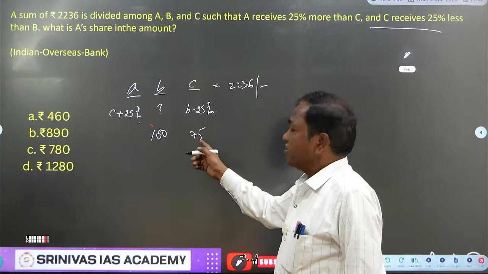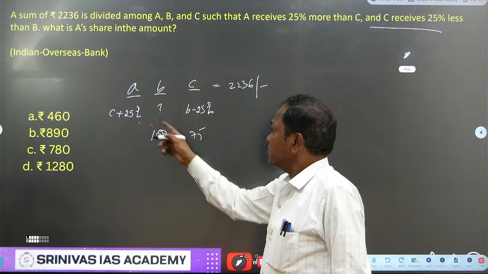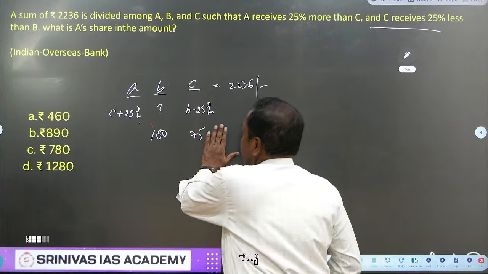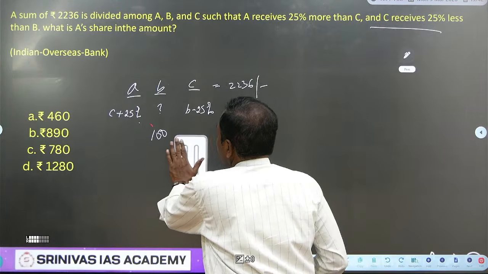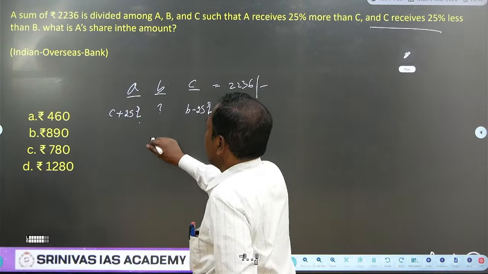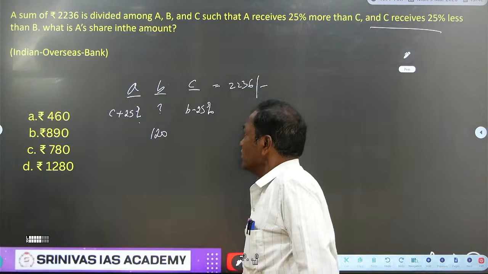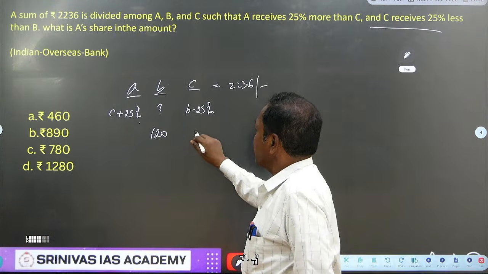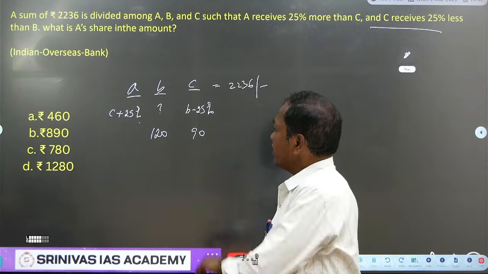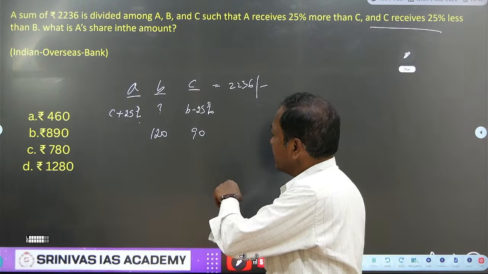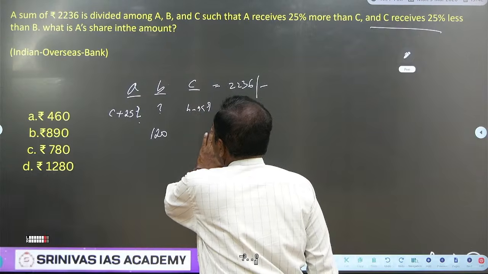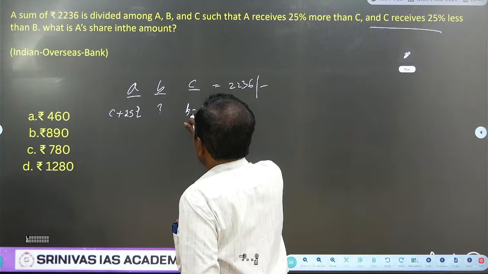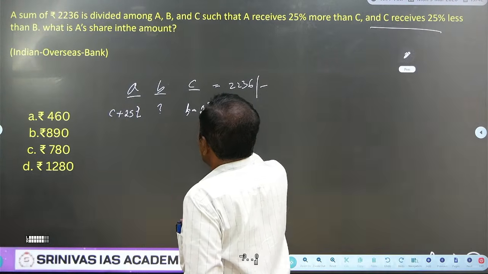If you take 100, 75 and 25% of that, a fraction will start. Then you have to change this number. You take 120, 25% minus means 90. Even if you take 90, 25% of 90, again a decimal will start. You have to change those numbers, that is B minus 25%.